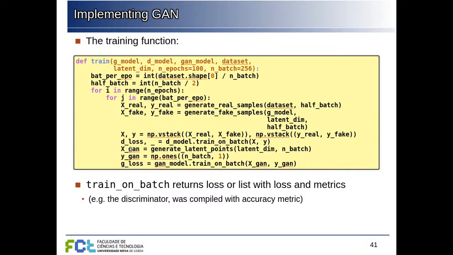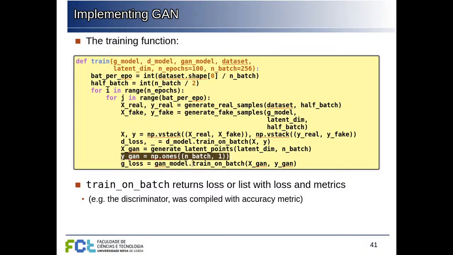And now we're going to just generate a set of these random points, these latent points here, so that we can feed this into the GAN, into the generator, and make it so that the generator can learn to create images from these random points that fool the discriminator. So the target output for the GAN, which is the output of the discriminator in the GAN, will be 1 for all of these fake images.